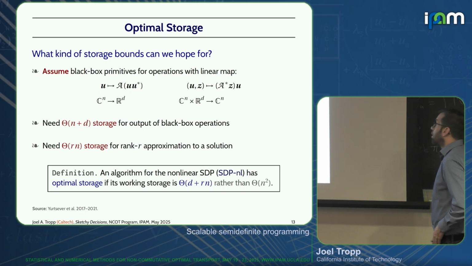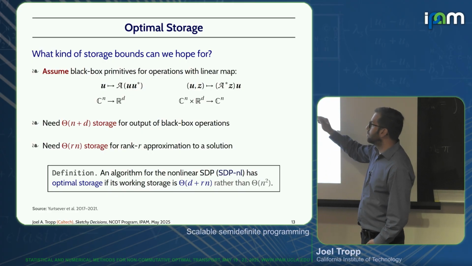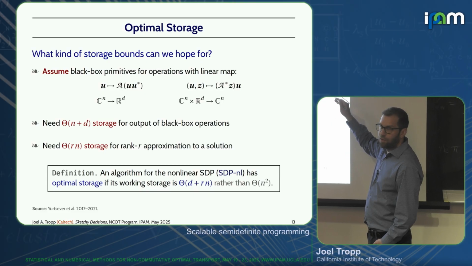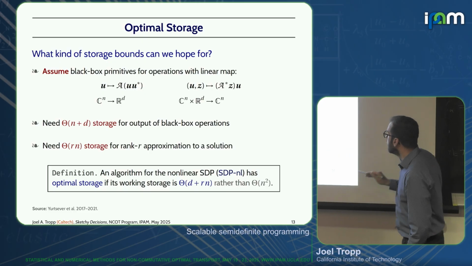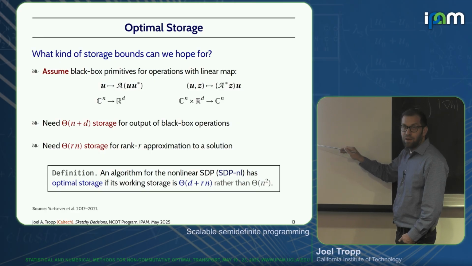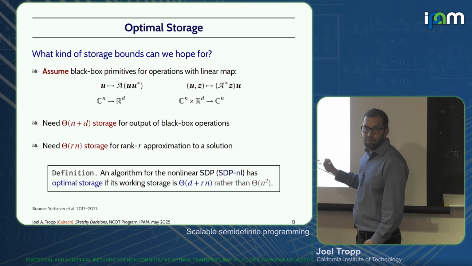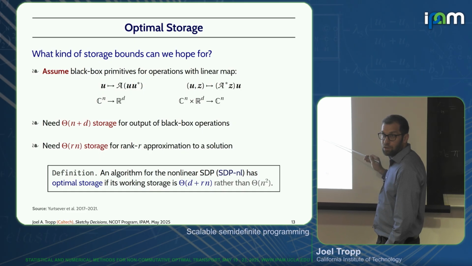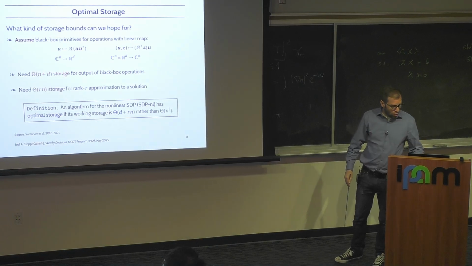We're going to say that an algorithm for our nonlinear SDP has optimal storage if the working storage is the cost of using these primitive operations and then reporting the solution to the user. So d plus Rn. That should be compared with n squared, which is the cost of writing down the n by n matrix in the SDP. So we don't want to do this. If R is small and d is small, this might be quadratically better than the cost of a standard SDP solver that involves writing down a full-size matrix. Okay, good. So that's our goal.